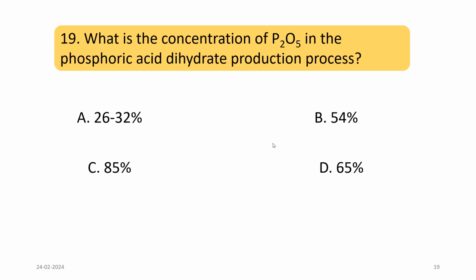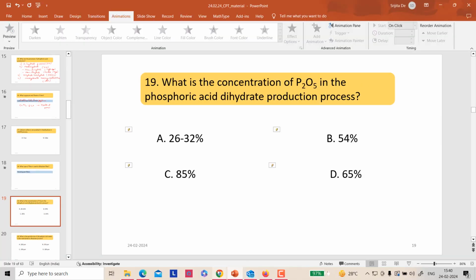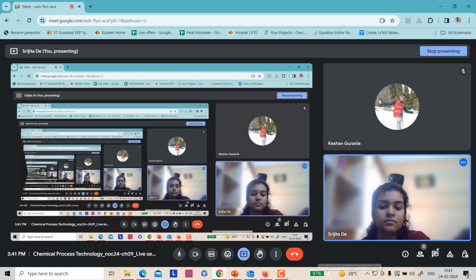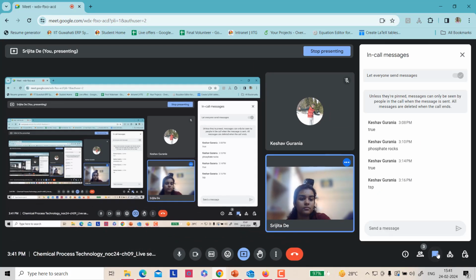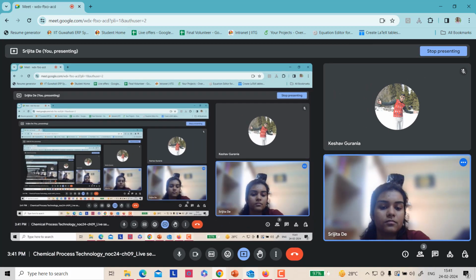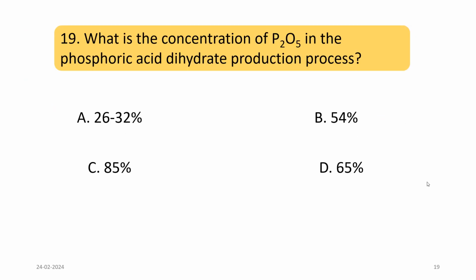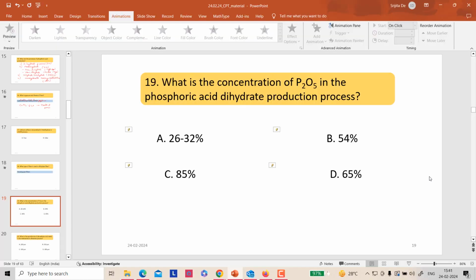Next question: what is the concentration of P2O5 in the phosphoric acid dihydrate production process?